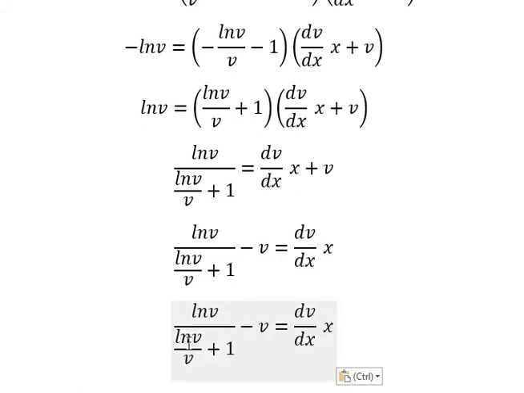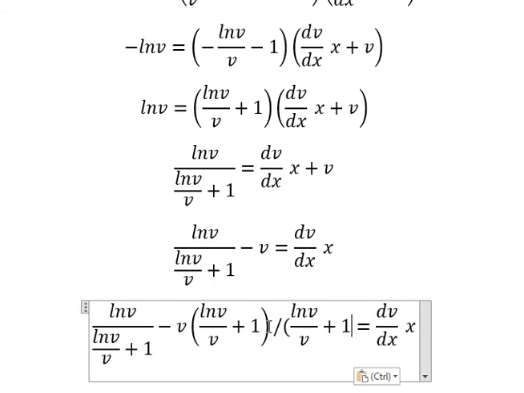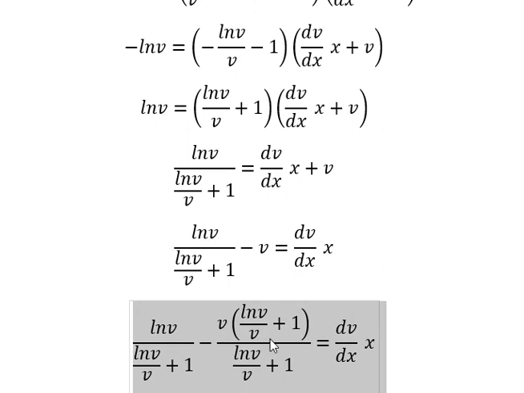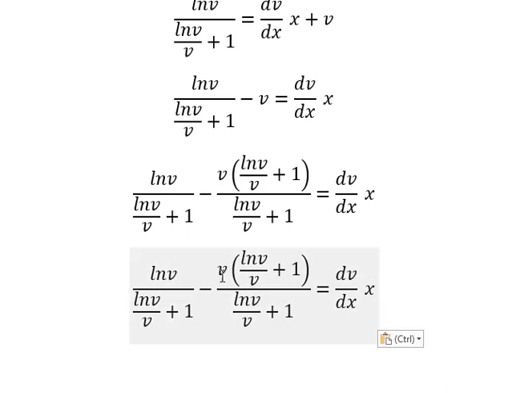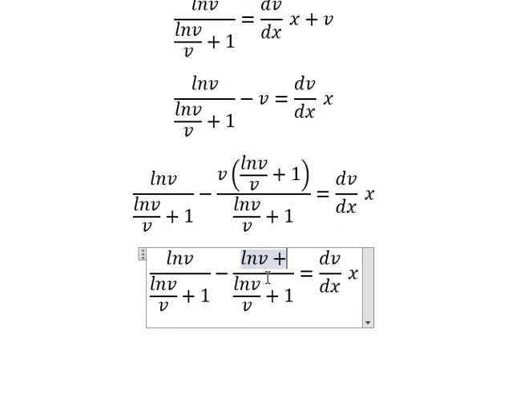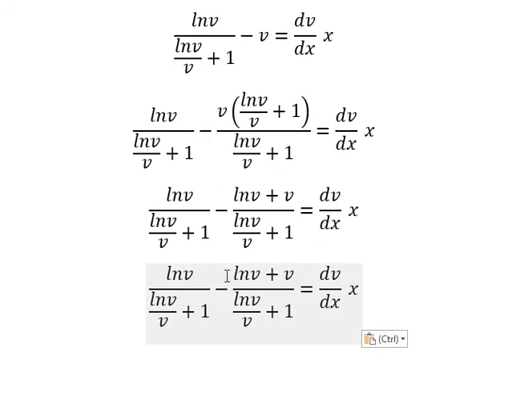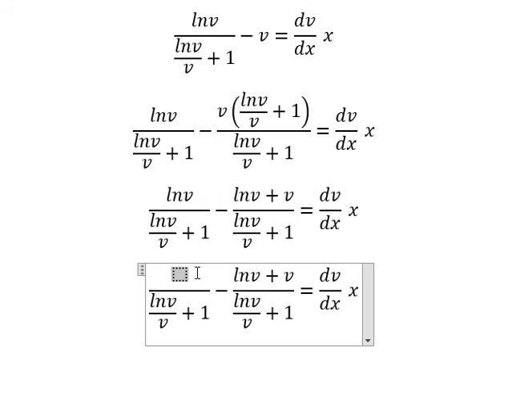Now we do common denominator for v. So this one we have ln v plus v. So ln v minus ln v, you got 0. So we just have only negative v in here.